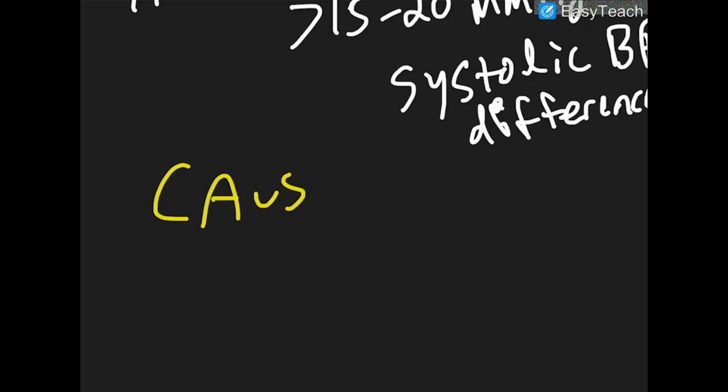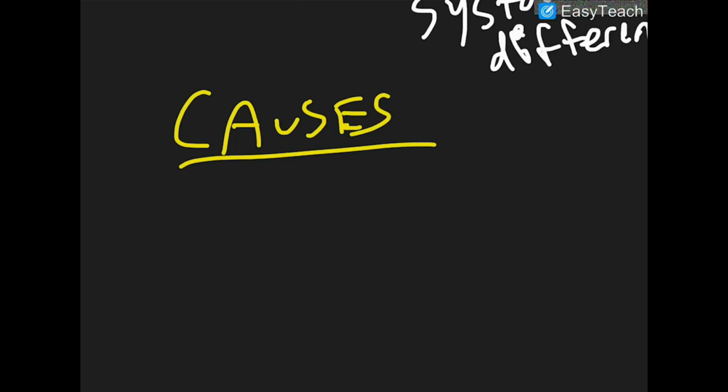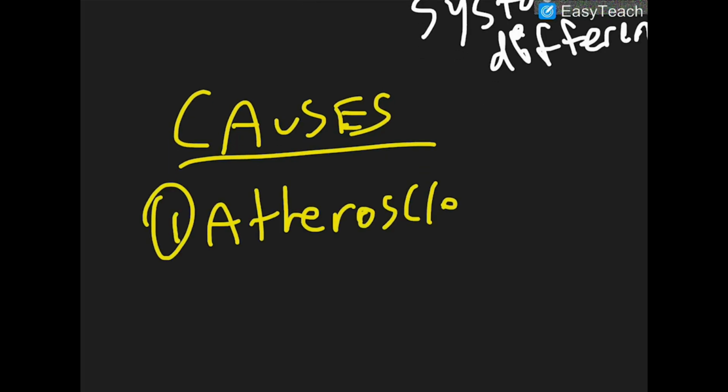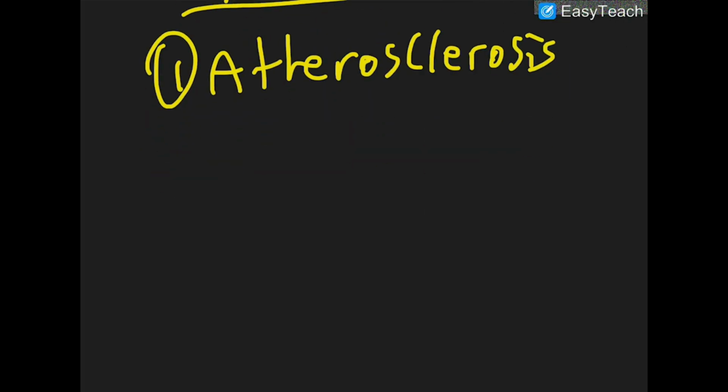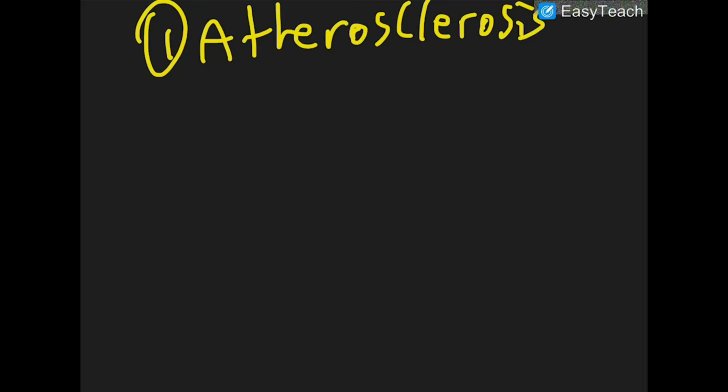So let's talk about the main causes that we should keep in mind, right? So the number one cause would be atherosclerosis, okay? Over time, chronic elevation of LDL, bad cholesterol, you can get cholesterol deposits, calcification in your blood vessels.